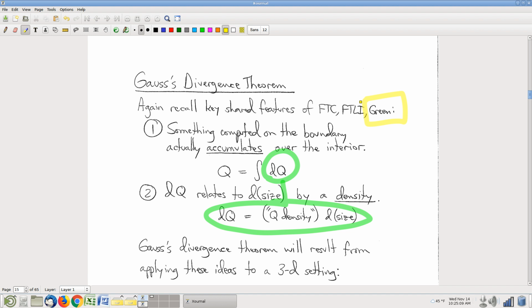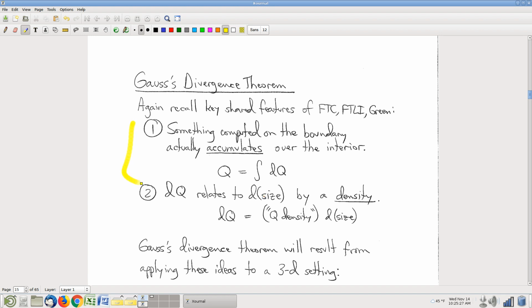What you measure on the boundary is just the symptom that you see superficially, right? But it's coming from the interior, and Green's operator is telling you how much per unit size of that circulation is coming from a general vicinity. Okay, all right. So, be on the lookout, right? We're going to be looking for this accumulation feature happening as we develop Gauss's divergence theorem. And then at the end, we're going to find that there is a corresponding notion of density.